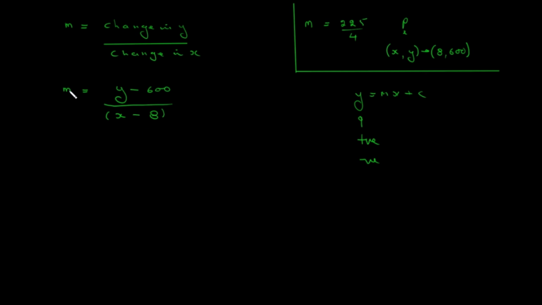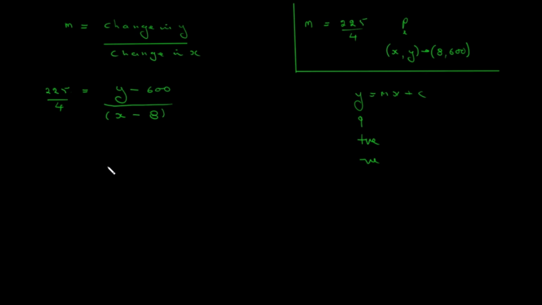So this m, we're told it's that value there, 225 over 4. This is information we're given, and we presented it in the structure you would use to find out the slope.